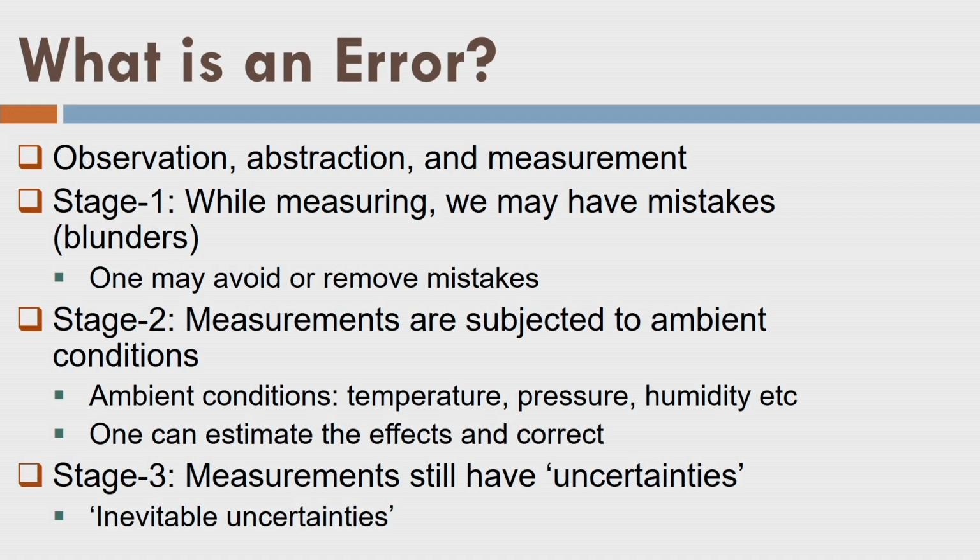Let us say I have a tape to measure the length of this room, but that tape was calibrated at 20 degrees centigrade. Unfortunately, the room temperature is 30 degrees centigrade. What will happen? Because of the 10 degree positive difference, the tape will expand, and that expanded tape still has the same graduations: 1 centimeter, 2 centimeter, 3 centimeter and up to 5 meter.